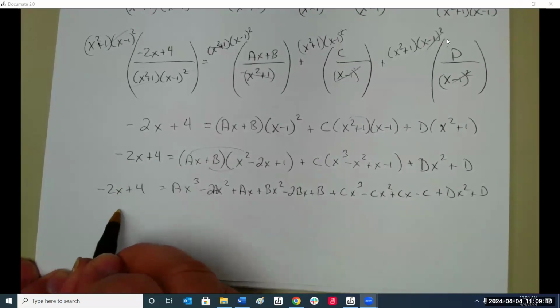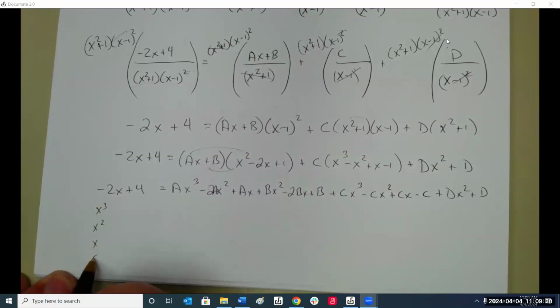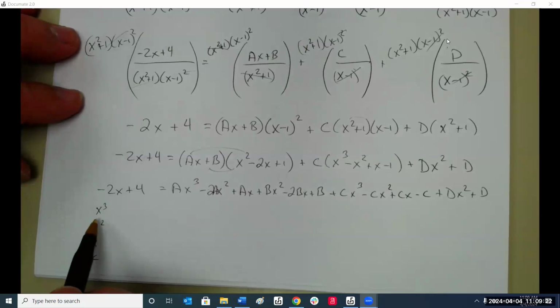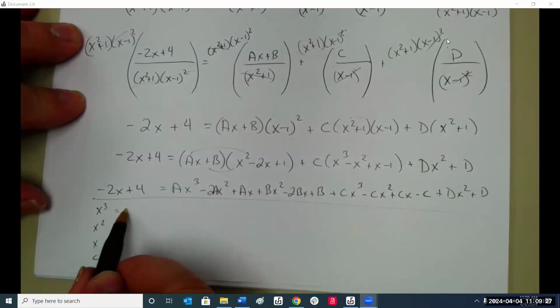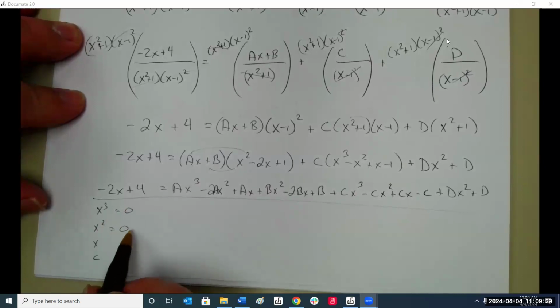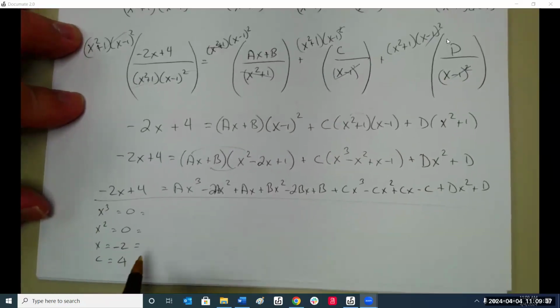So we have x cubed, x squared, x, and constants. We have no coefficient for that, so it's 0. For x, we have negative 2, and then the constant equals 4.